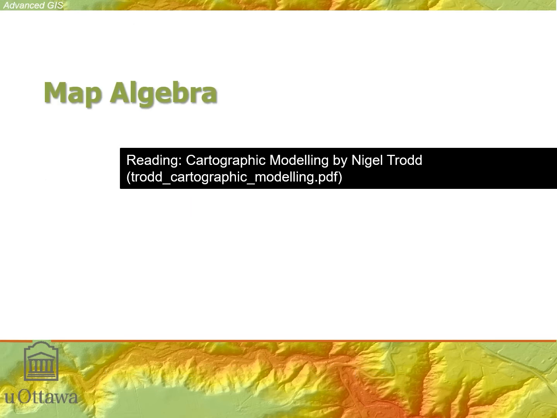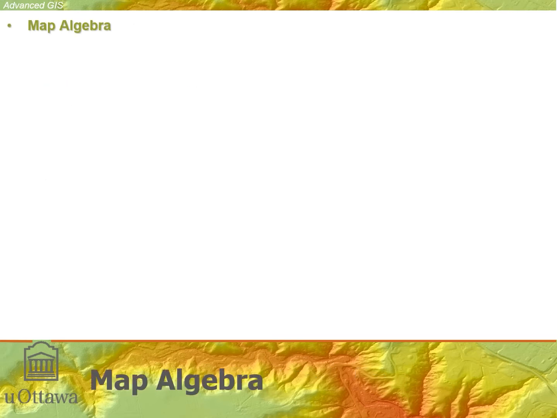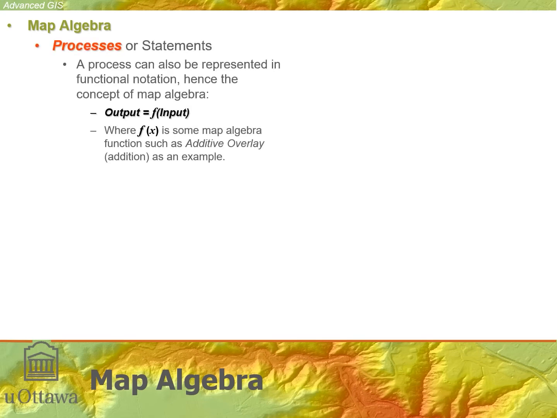Map algebra is related to cartographic modeling. We have processes or statements, and statements are what we have for map algebra. So this is, instead of using flowcharts, representing a sequence of operations in functional notation.